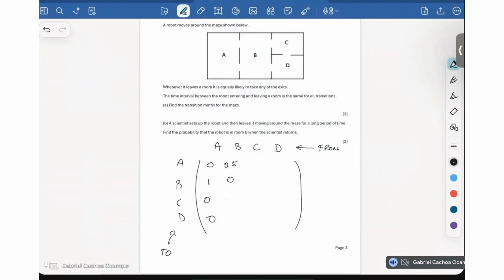From B to C, I have 25% probability, and from B to D, I have 25% probability, because I am moving around the room. Then from C, I have 50 and 50 to go to B and to D. So 0 to A, 50 to B, and 50 to D. And from D, I have 50 to go to B and 50 to go to C.